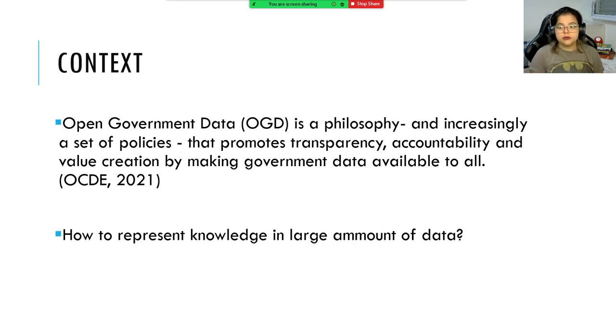But how can we represent knowledge in large amounts of data? That is a very important question, because in today's world where much data is becoming available to people, how can we open the data but not forget about the context? How can we express the semantics of it?